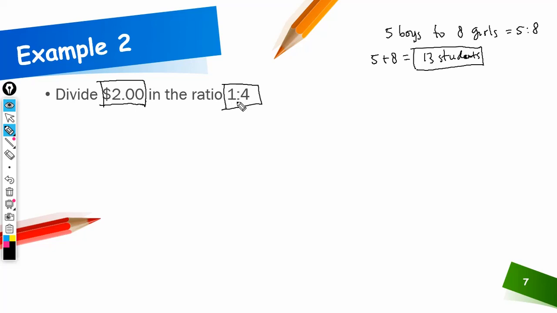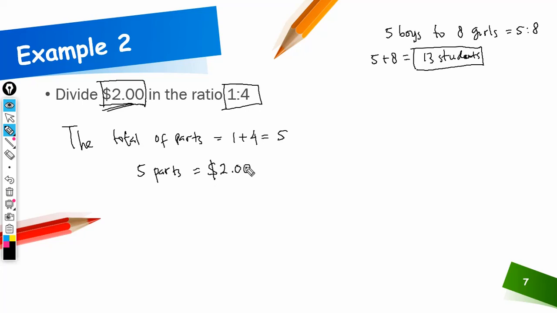So we have to first of all find the total parts. So the total of parts is 1 plus 4, which is 5. Okay, so for 5 parts we have $2, right?